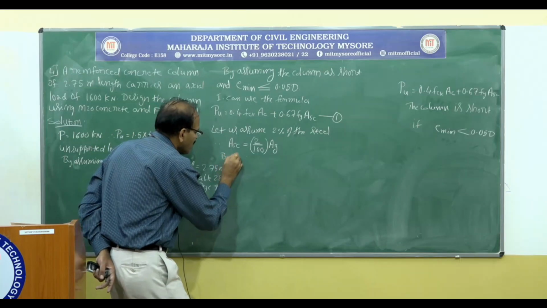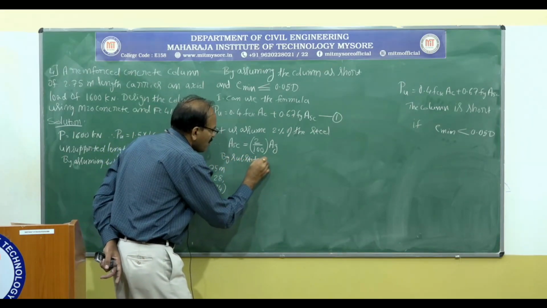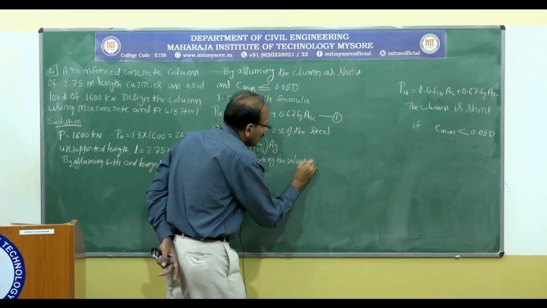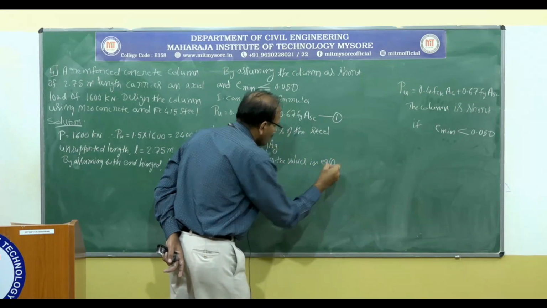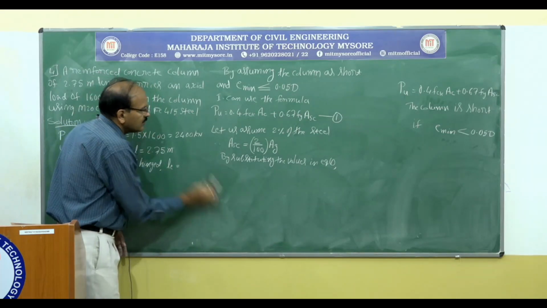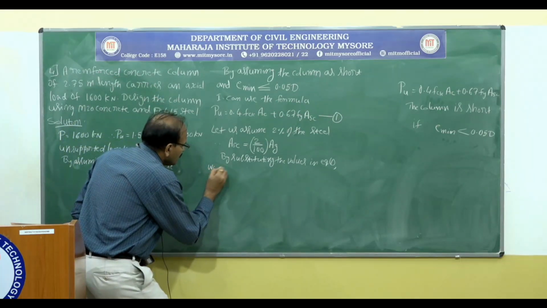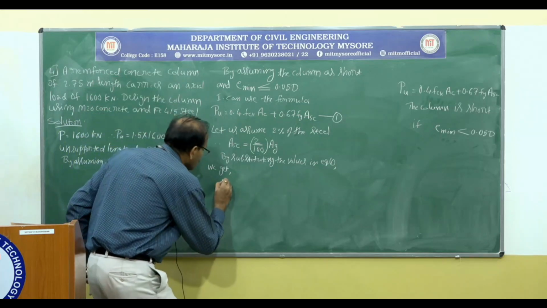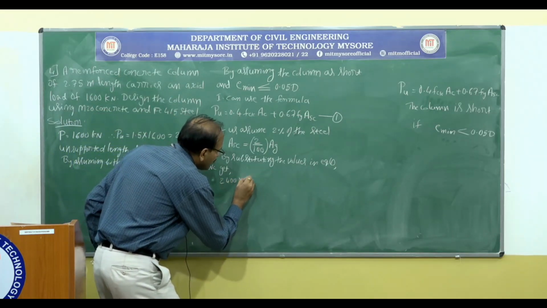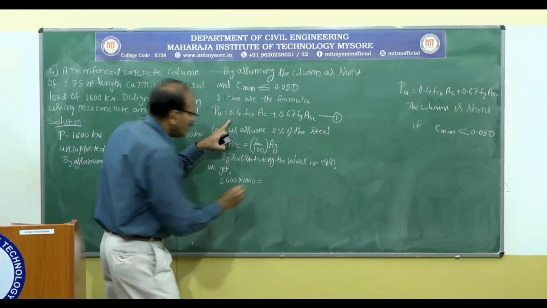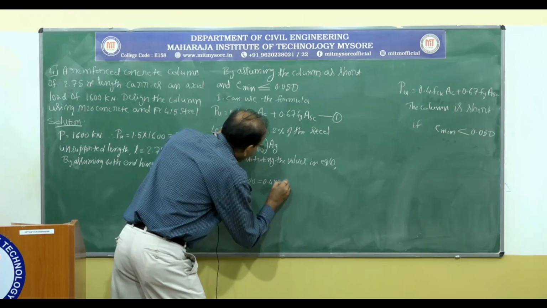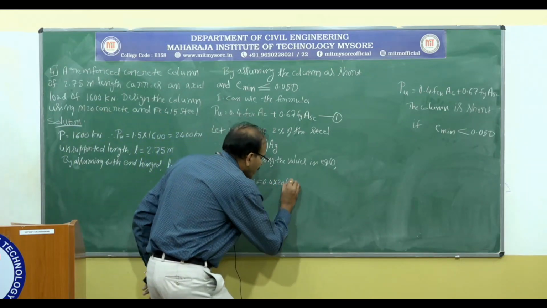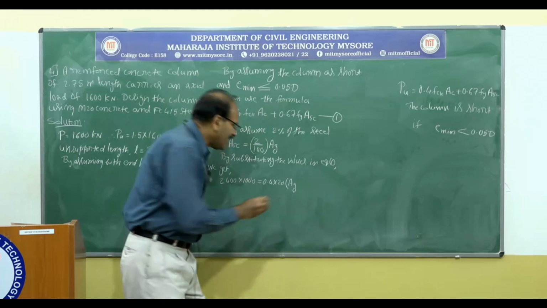By substituting the values in equation 1, for Pu I substitute 2400 kilonewton multiplied by 1000, equal to 0.4 fck, which is 20, times the area of concrete, which is gross area minus the area of steel.